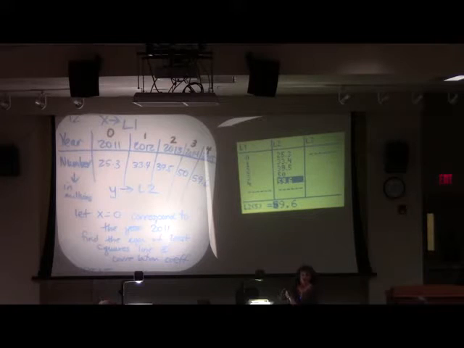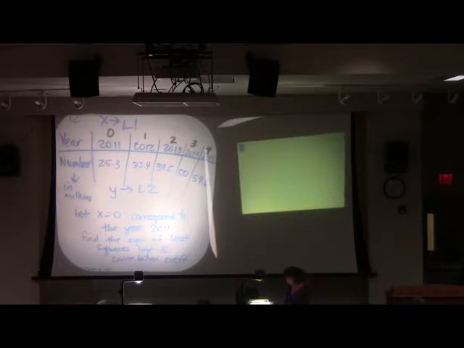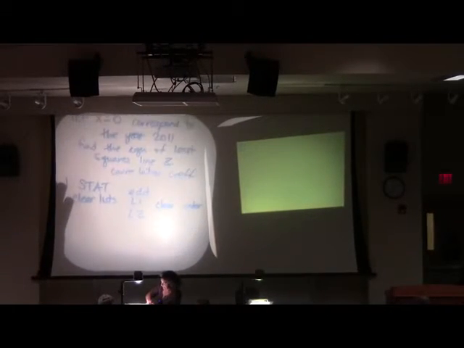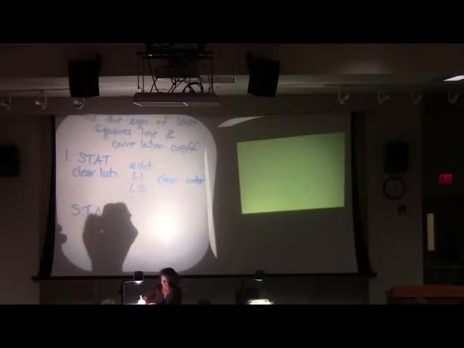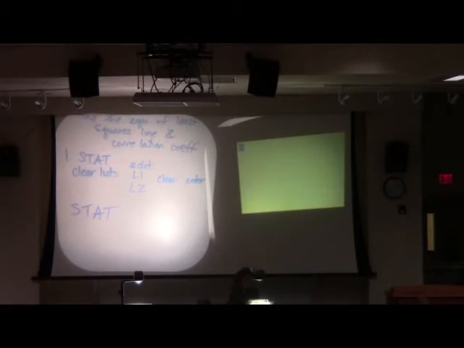Cool. All right. This is something probably most people know on their calculator: how to quit. You hit second mode. Get out of there. Okay. Next. The way we do these computations is, again, hit Stat. There's really only one button you need to remember. We want to do a calculation.